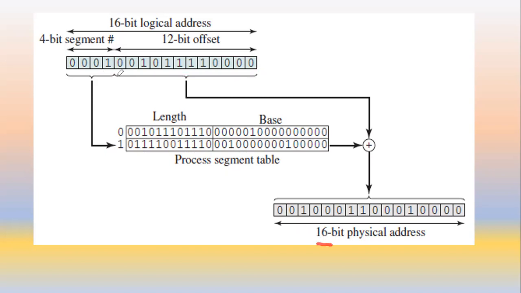So we pick the offset from our virtual segmentation address, we add it to the base, and once we do that addition, we are able to generate a physical address, which in this case will be our 16-bit physical address.